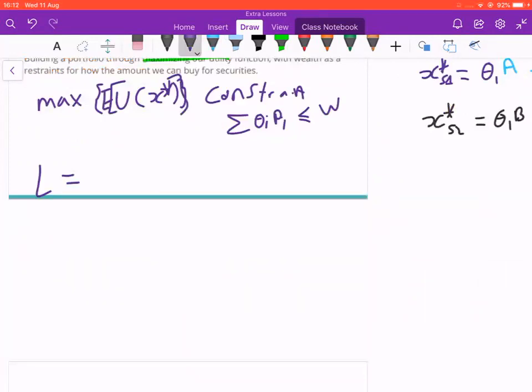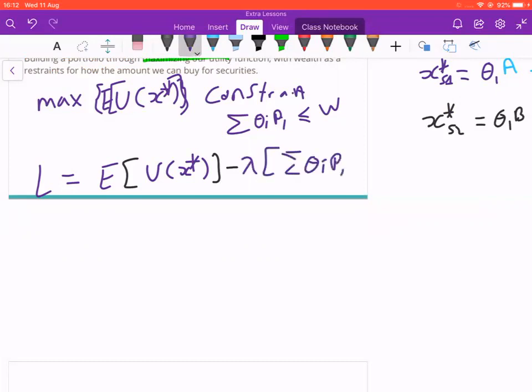So your answer is going to be the expectation of the utility, U of X star, minus lambda, the sum of this minus 12. So this is going to be the Lagrangian, and then you're going to solve for this.